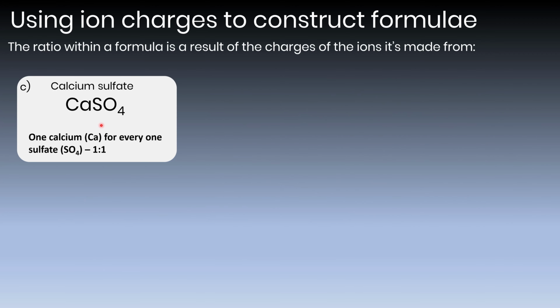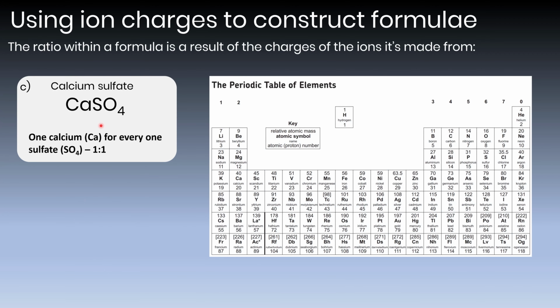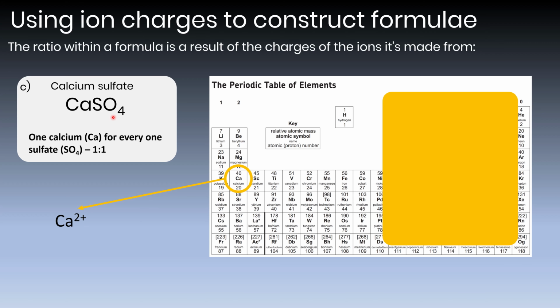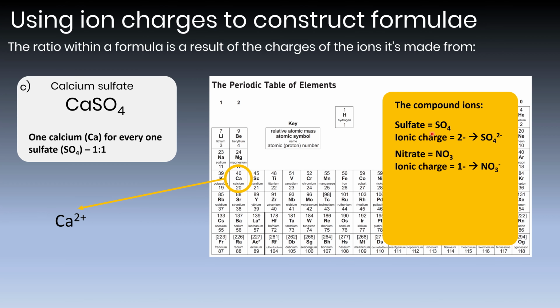Now let's have a look at calcium sulfate. Calcium is a group 2 metal with a 2+ charge, so calcium will be Ca2+. Sulfate, however, was one of our compound ions which could not be found on the periodic table. We had to remember this one off by heart. So remember that sulfate was SO4 with a 2- charge, nitrate was NO3 with a 1- charge, carbonate was CO3 with a 2- charge, and hydroxide was OH with a 1- charge.